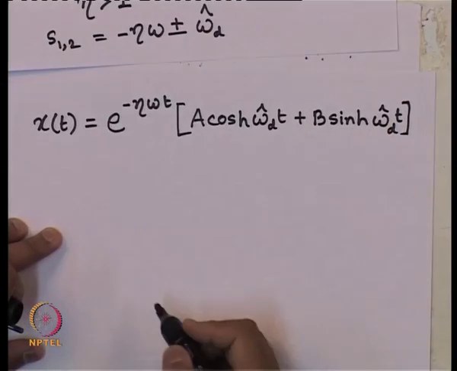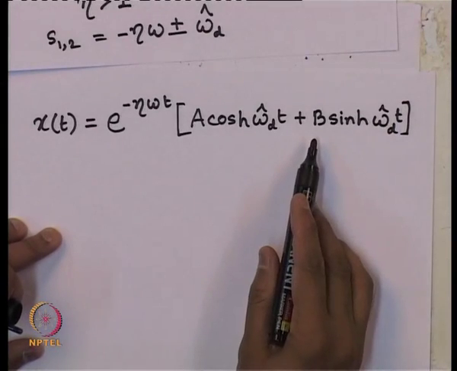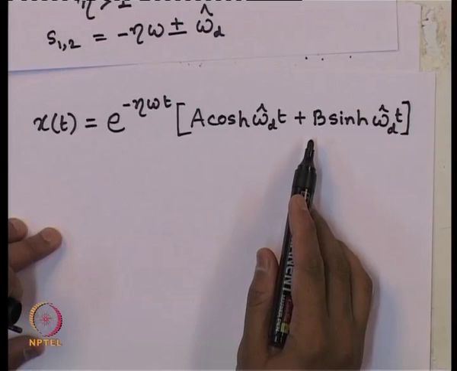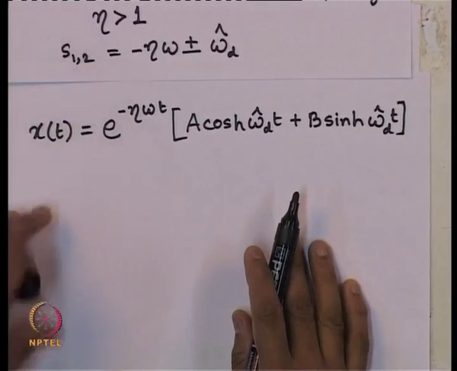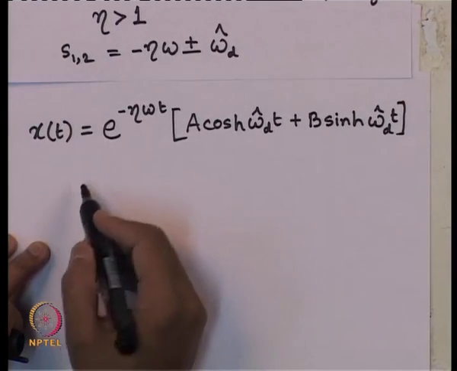That is the complete solution, with a and b being 2 constants which have to be determined from the initial conditions. And what are the hyperbolic functions?